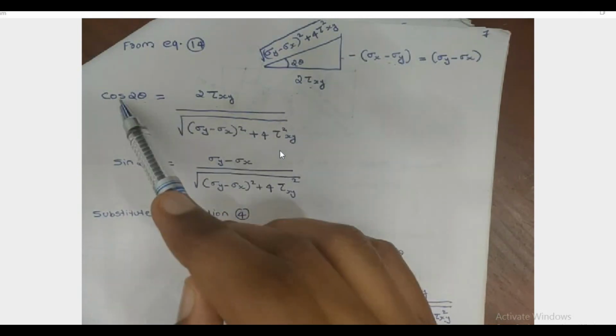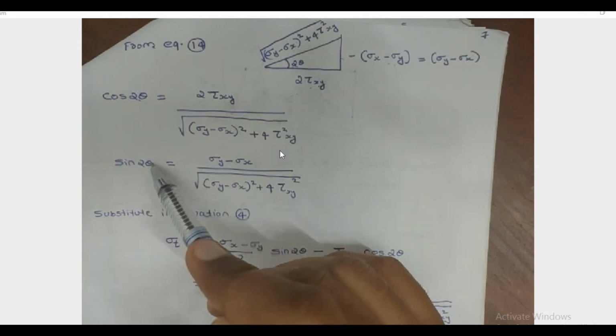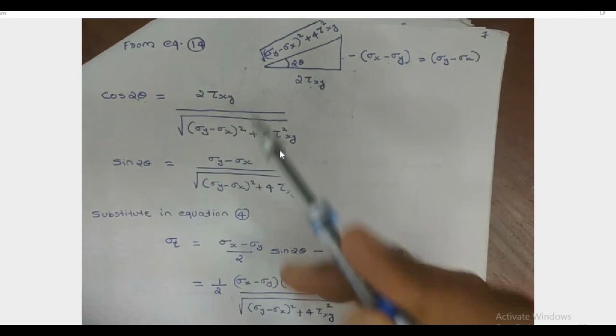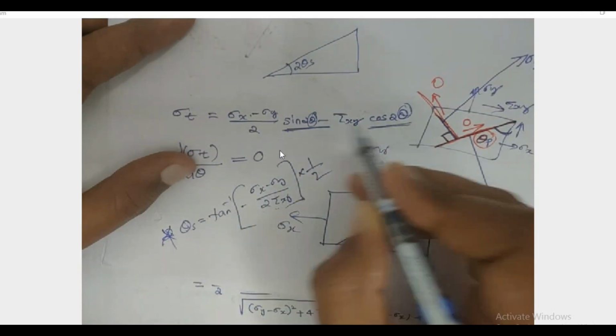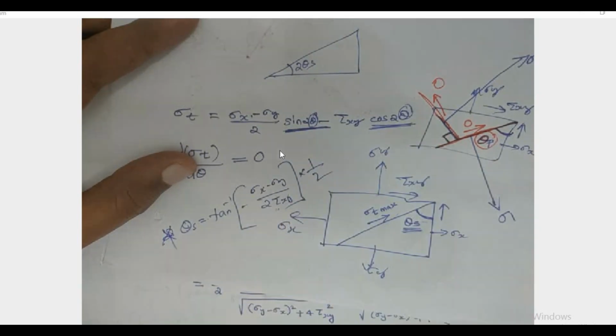From this, cos 2 theta is adjacent side by hypotenuse, and sin 2 theta is opposite side by hypotenuse. We got these two values; supply them in this equation, replacing the entire sin 2 theta and cos 2 theta instead of theta.